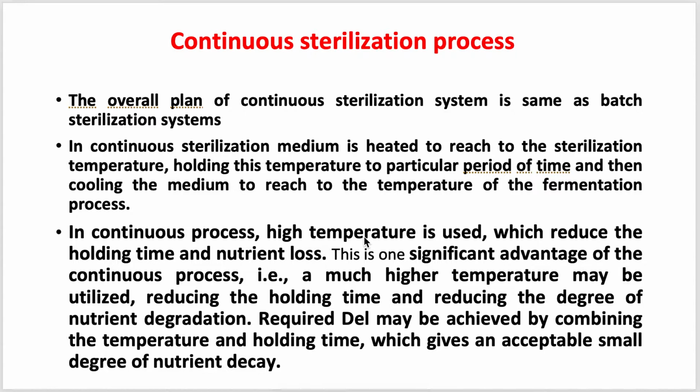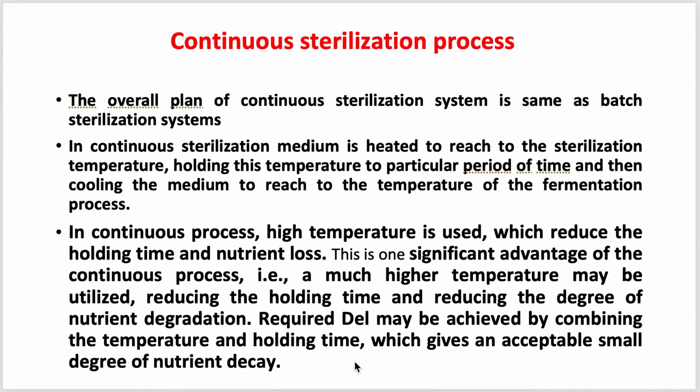As a higher temperature is used, we can reduce the holding time, and thus we can prevent the damage of the nutrition. That means we can keep the quality of the nutrition by preventing heat damage. This is one of the significant advantages of the continuous process. That is, a much higher temperature may be utilized, reducing the holding time and reducing the degree of nutrient degradation.